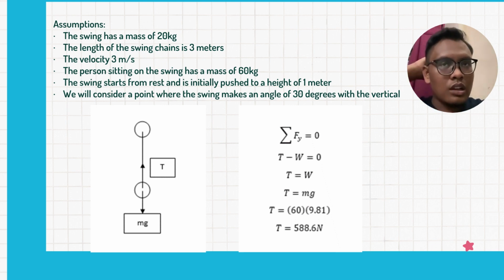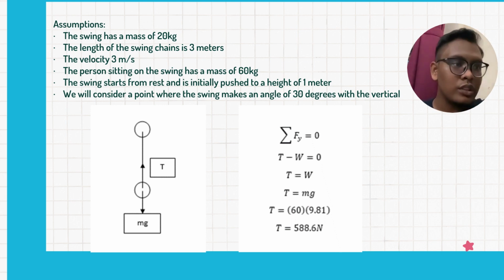Because we use Newton's law. So from Fy equals 0, we get T minus W equals 0. T is tension, W is weight, which is mass of the particle times gravity.